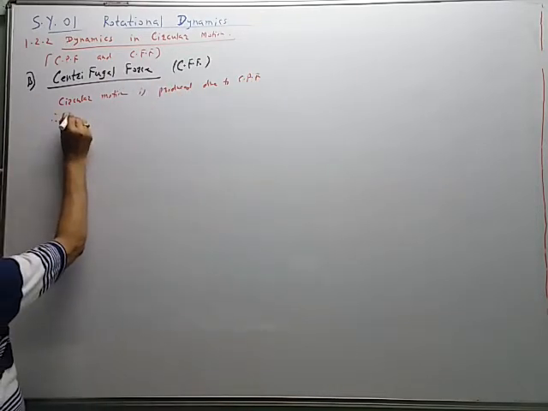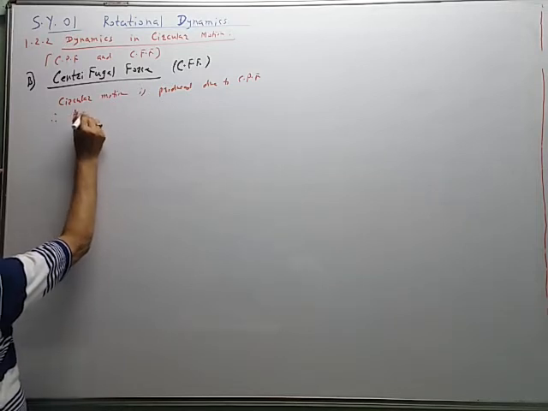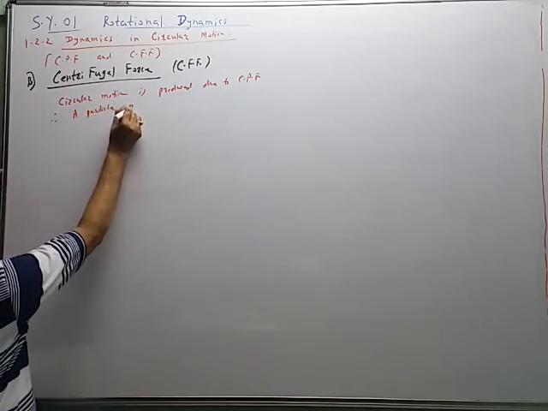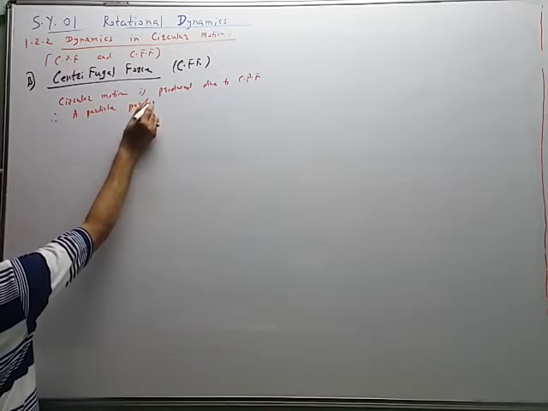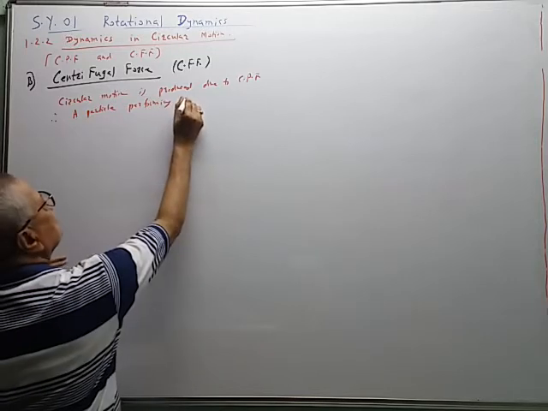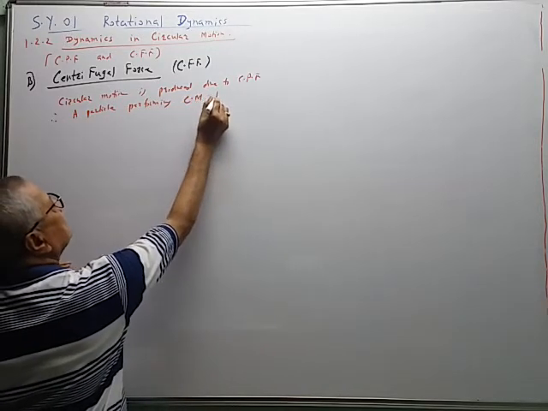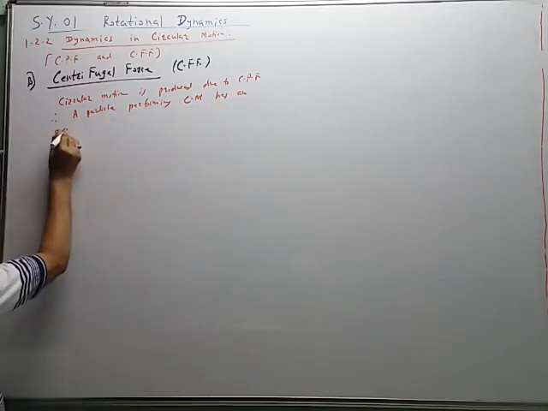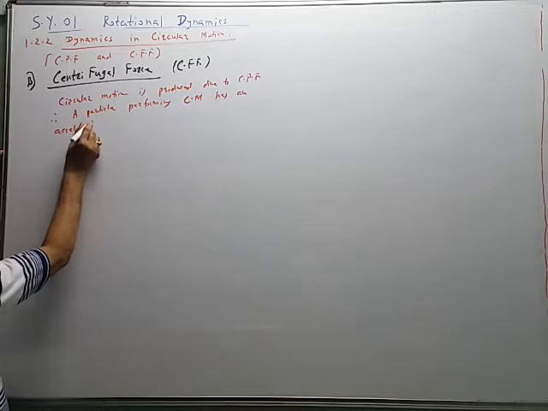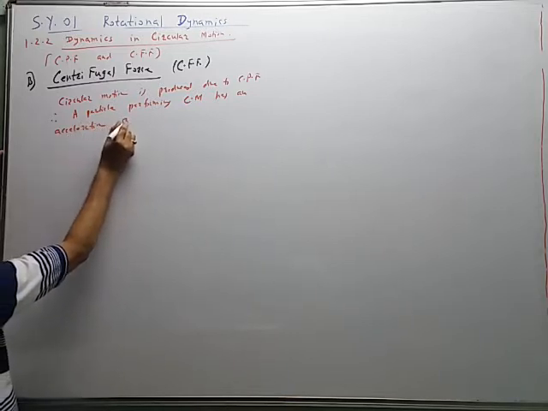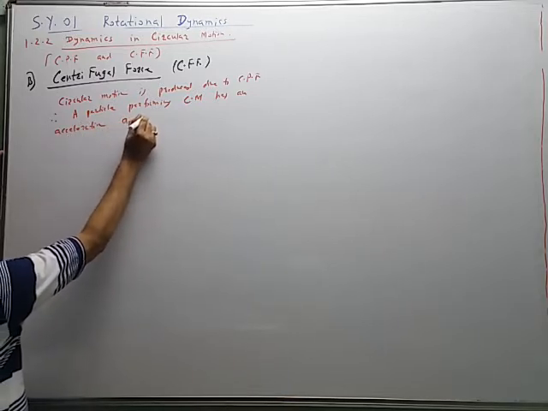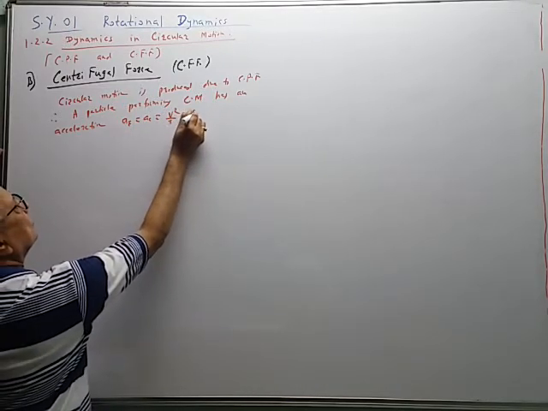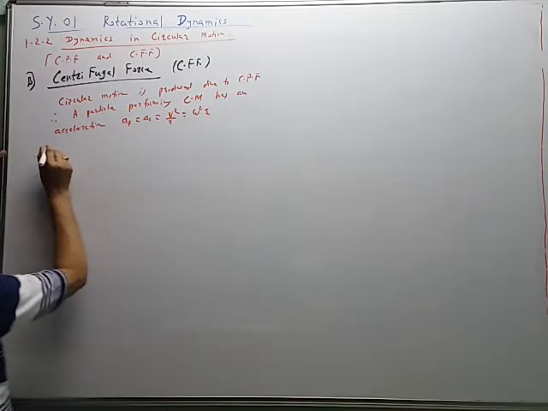Therefore, a particle performing circular motion has an acceleration a_r equal to a_c equal to v square upon r equal to omega square r, etc.